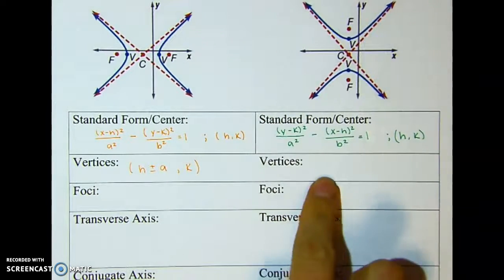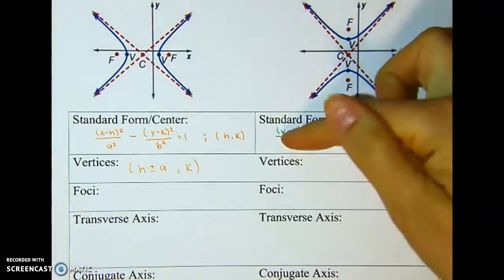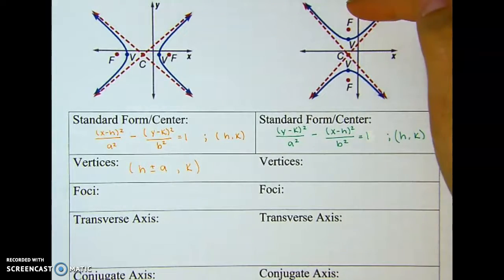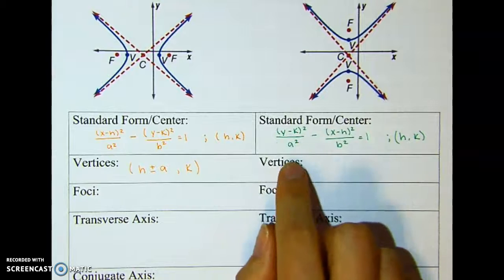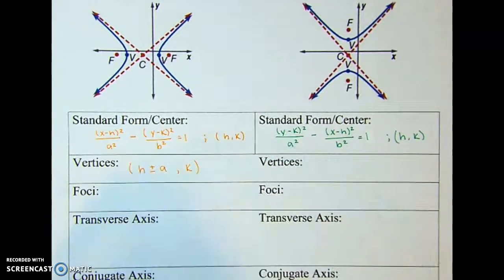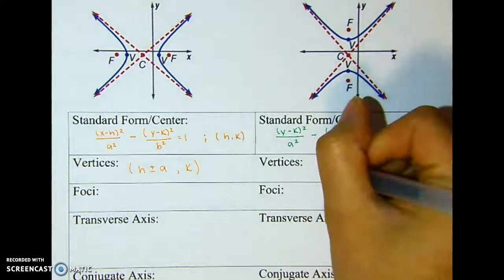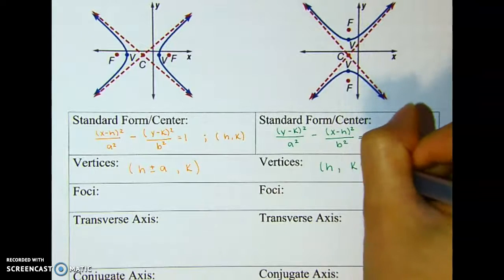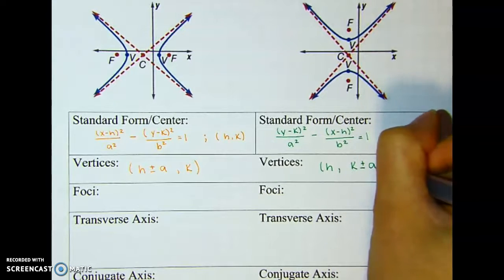Whereas for this, when we're opening up towards the y values because a squared, our bigger number, is under the y, our vertices will be at (h, k plus or minus a).